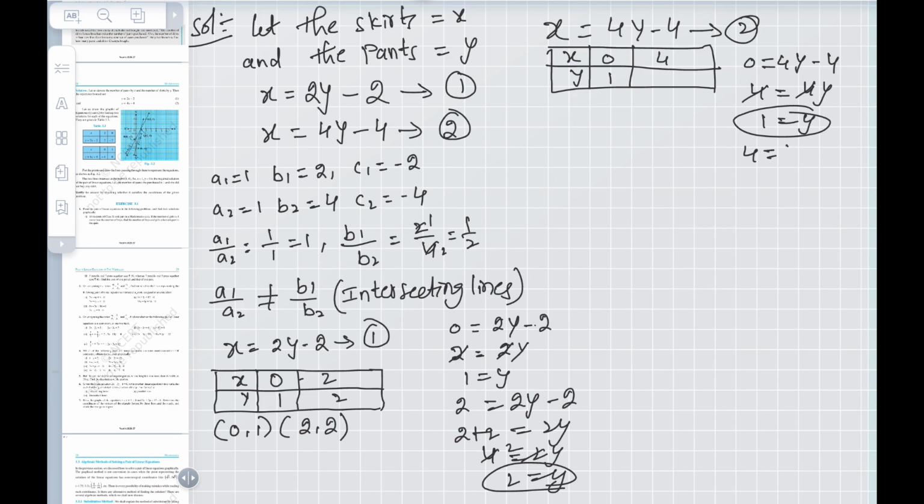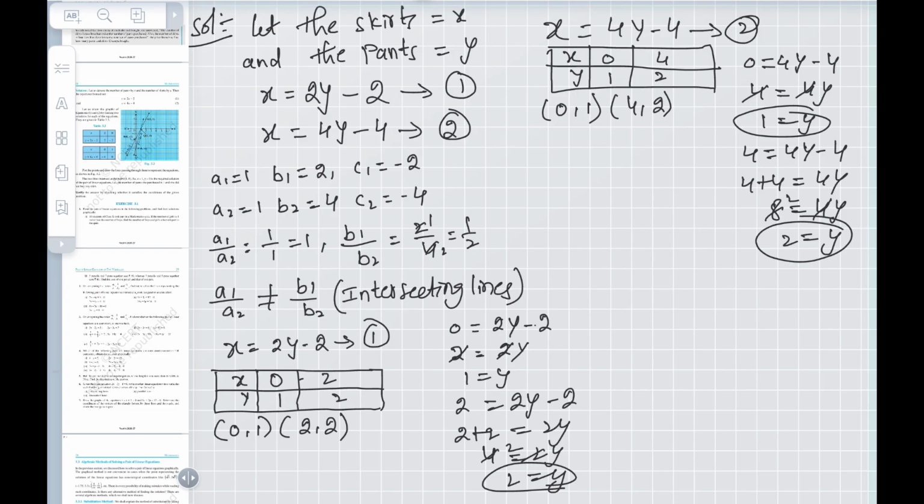So 4 equals 4y minus 4. So minus 4 becomes plus 4, 8 equals 4y. So 4 ones are 4, 4 twos are 8. So y equals 2 you get here. So the second equation points are 0 comma 1 and 4 comma 2.